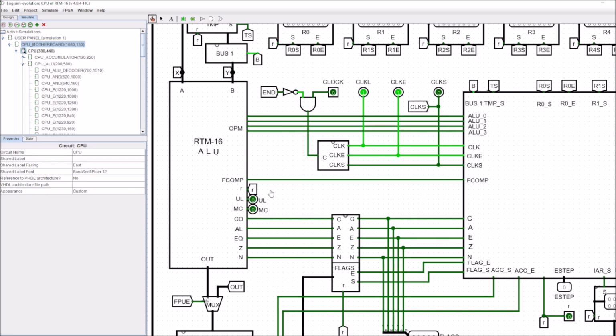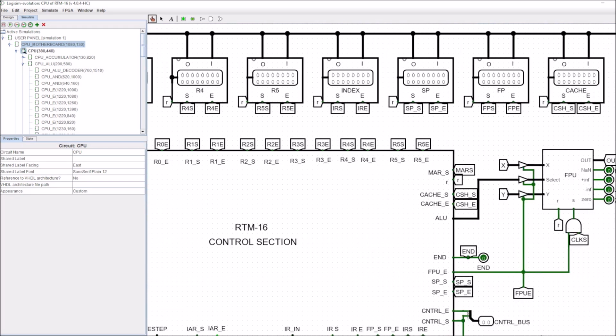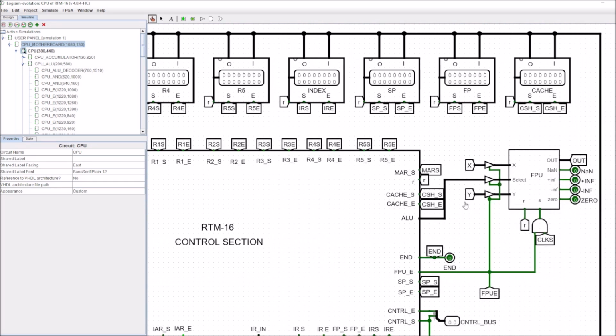So whenever we're using the floating point unit, what happens is that any information or the numbers are going to come out of the register or the memory and come into the value here at Y, and then the other number is going to come out of another register or another memory location, and it's going to head into this point here, at which point we've got a copy of these over in the floating point unit. So they're heading in here and they get into the floating point unit.